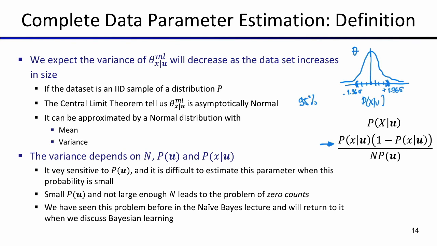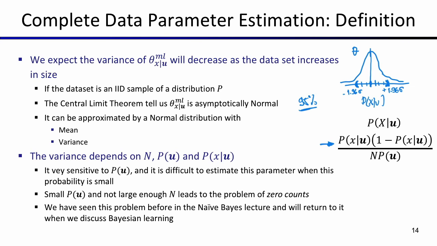And this confidence interval is very important because it's telling us that with 95% probability the true value of this parameter is inside this interval here around our estimate.